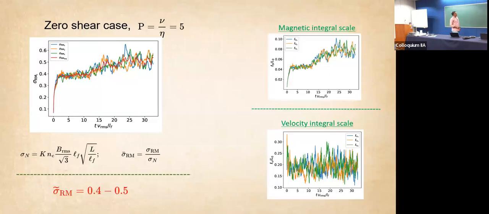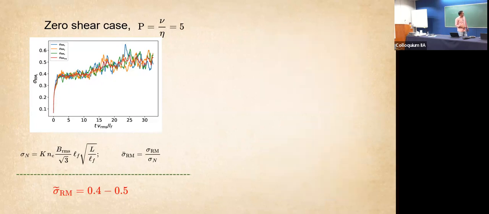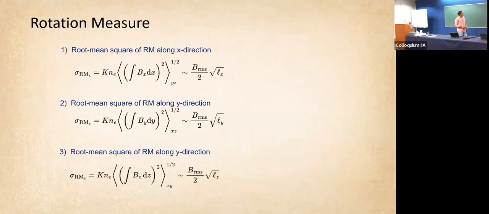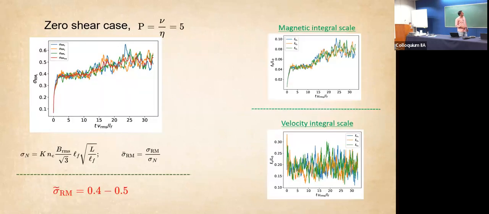One can also calculate the magnetic integral scales in the systems. Here I have shown the magnetic integral scale with respect to the box size. In the previous slide, I showed that sigma RM goes like the integral scale, and you can clearly see that trend in the simulation, that it follows the trend of the sigma RM.